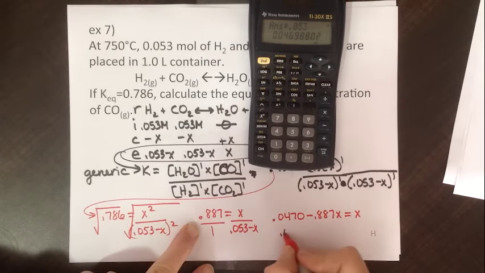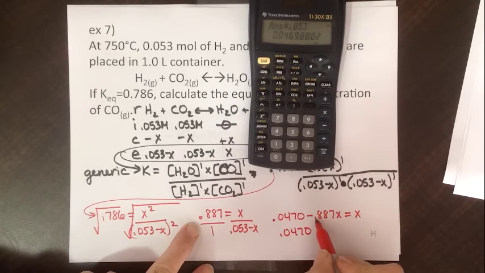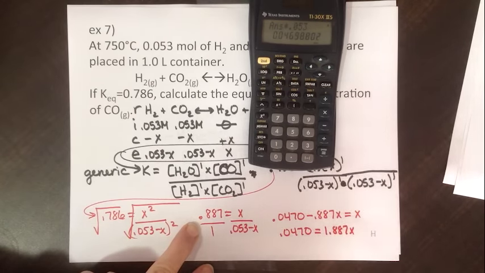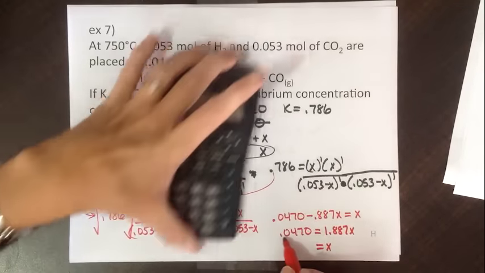I'm going to collect like terms, so 0.0470. I'm going to add 0.887x to both sides. So I'll get 1.887x on the right. I'm going to divide both sides by 1.887.